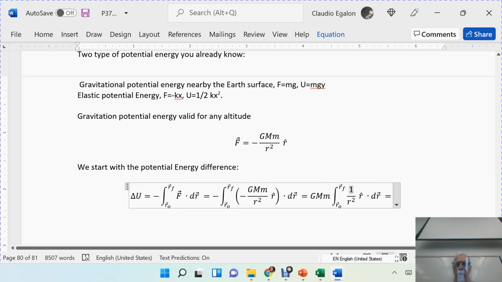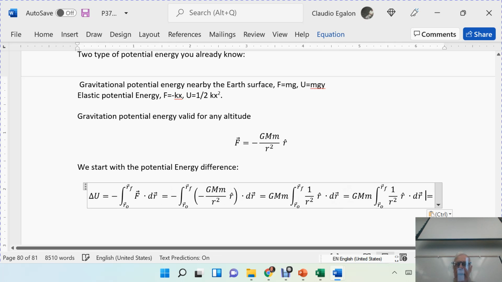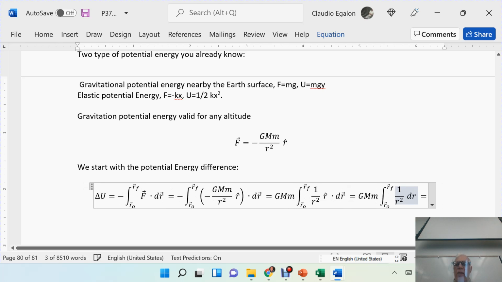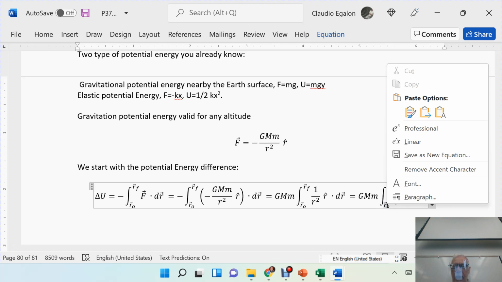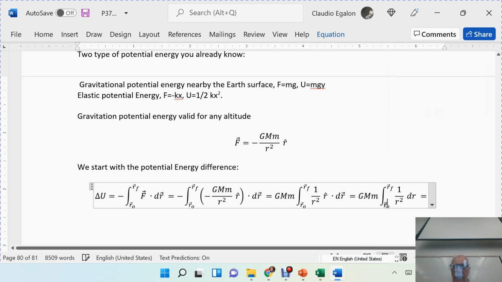Now we have to worry about this dot product, but everybody knows how to do that. When you dot r hat with the dr vector, it becomes just the integral of dr. And now my limits that were vectorial become scalar limits, r naught to rf.